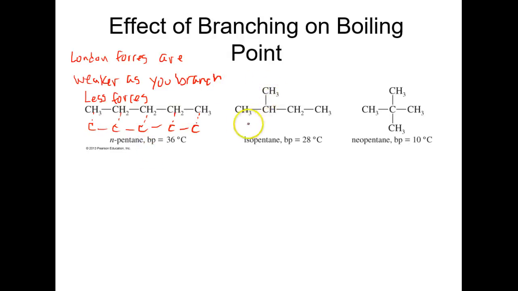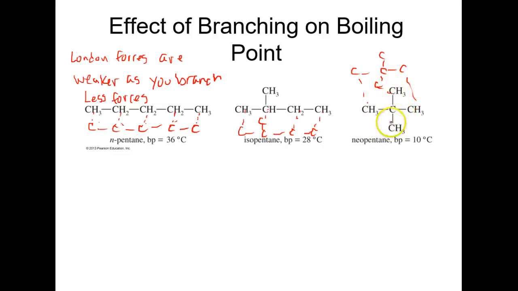If you get a branching group, notice I have 1, 2, 3, 4, 5 interactions. If you have it branched, you now have fewer interactions. Interact, interact, interact, interact. So you no longer have an interaction with these other carbons. And if you get even more branched, you have even less of an interaction. You only have 3 interactions.